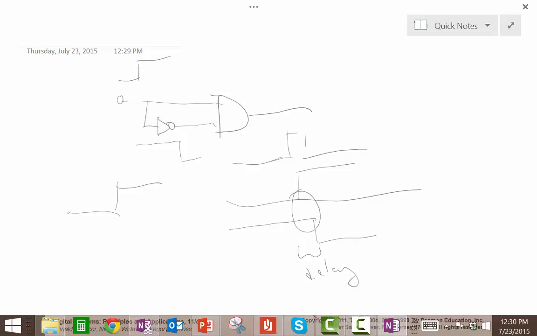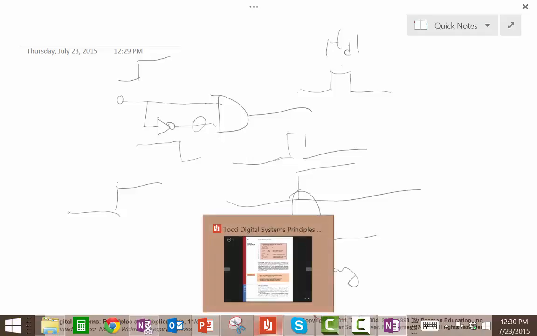So this output will go high and then it will go low, and this is a very short period that it's on. This is used to detect an edge for clock signals later on. So this circuit is used for a number of applications.